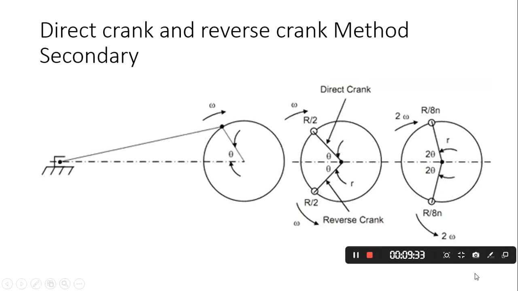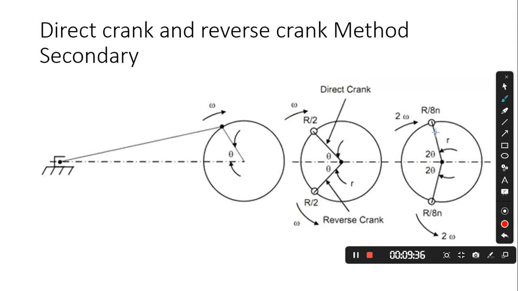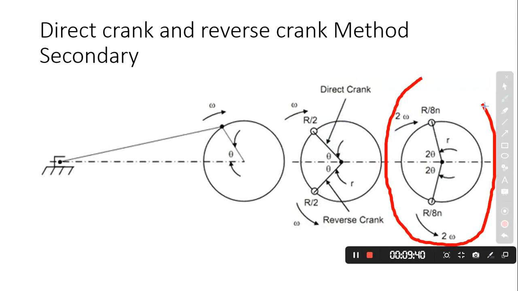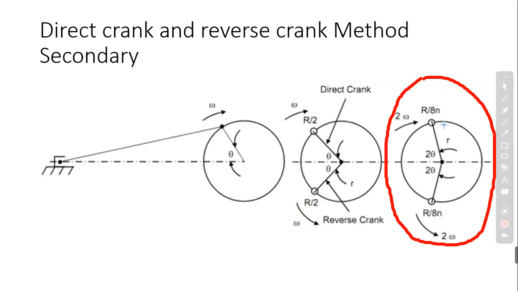See, for secondary, this is the direct and reverse crank for the secondary force. Okay, and what is the secondary direct crank? Secondary direct crank is an imaginary crank which rotates at twice the speed of the actual crank in the same direction.